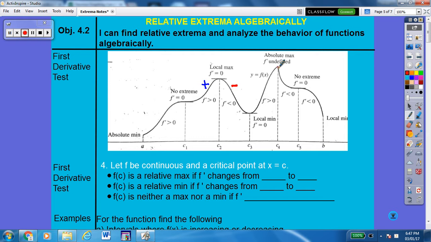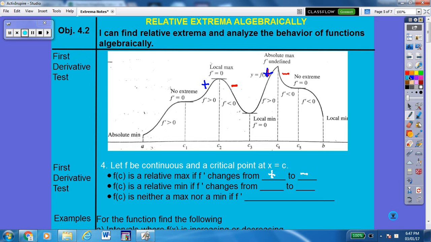Look at this one. This one happens when the derivative is undefined. But still, before that, you have a positive derivative. And after that, you have a negative derivative. So again, you get a sign change that is positive to negative. So what does that mean for us? It means that f of c, a y value, is a relative max if the derivative changes from being positive to negative.